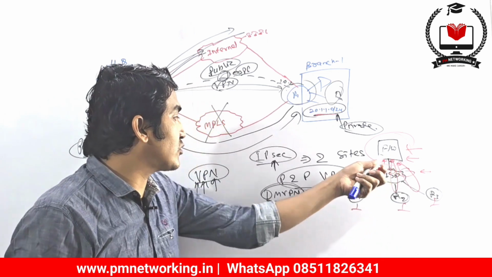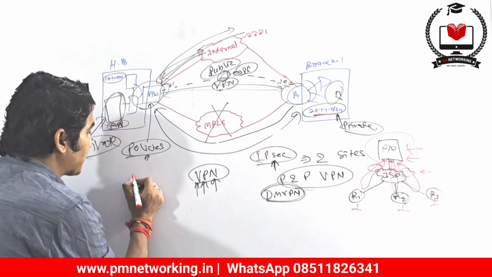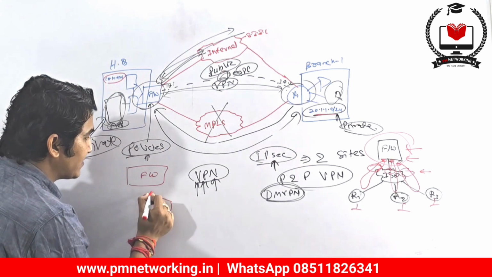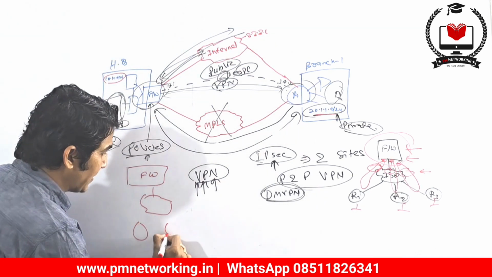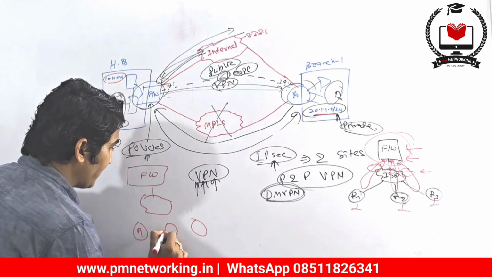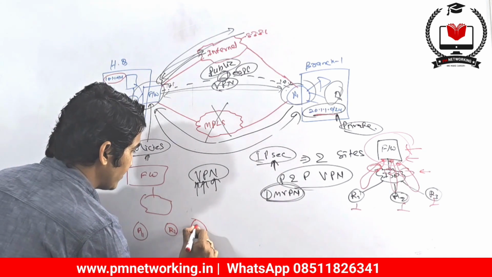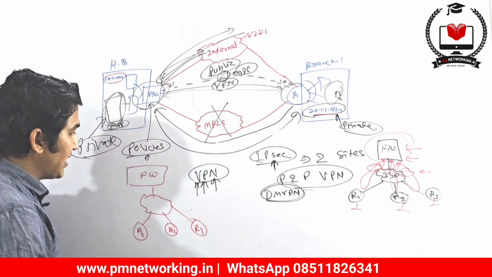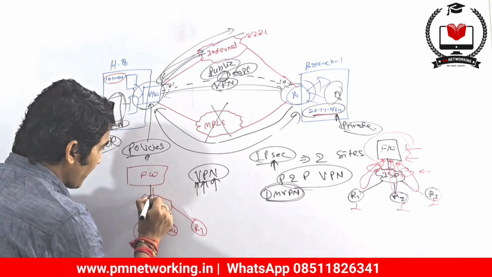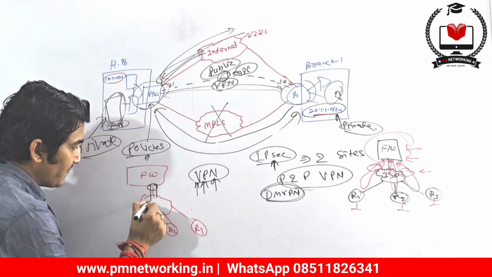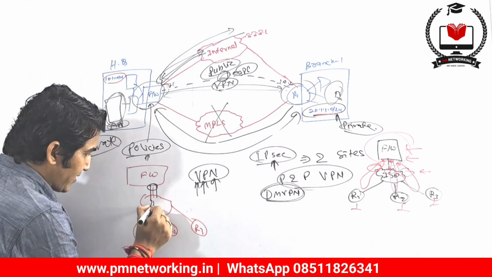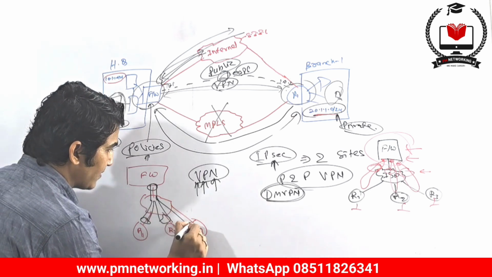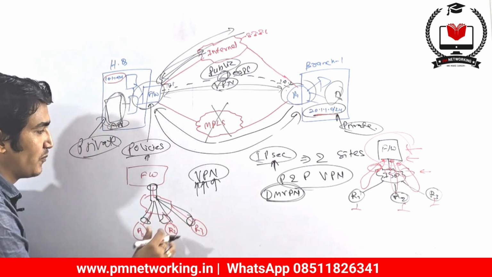So that's why another solution to connect this type of scenario is this. Here I have the firewall, then the internet, and then, guys, we have multiple branch offices, R1, R2, R3. DMVPN means here we can configure one tunnel, and like this, one tunnel can be connected with multiple points.